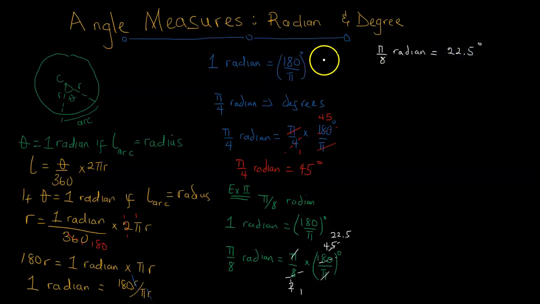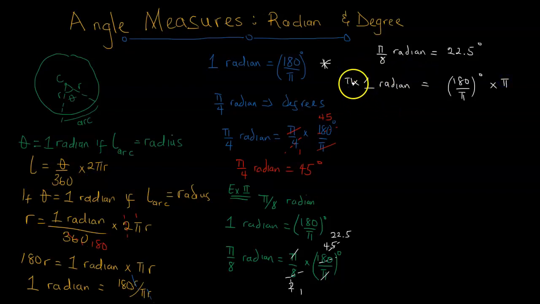Focusing on this formula again, this expression between radian and degrees, since 1 radian equals 180 over pi degrees, I can multiply both sides by pi.